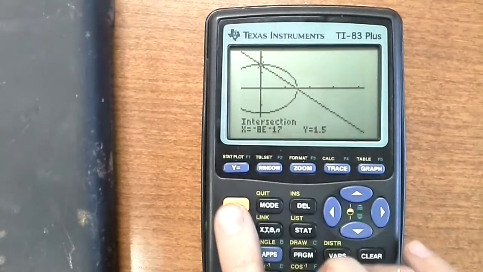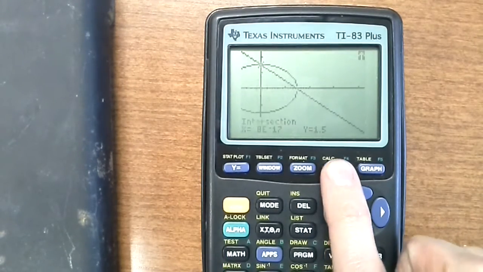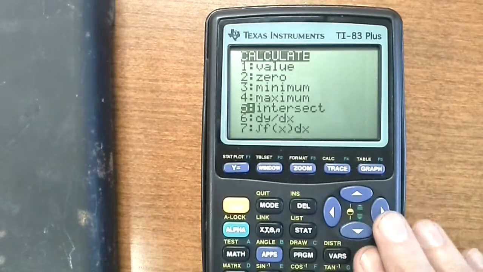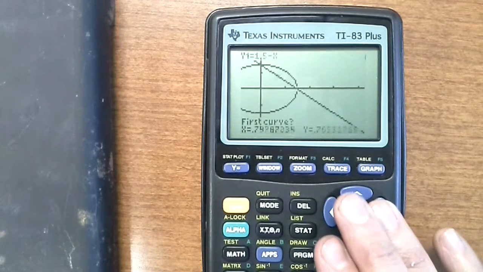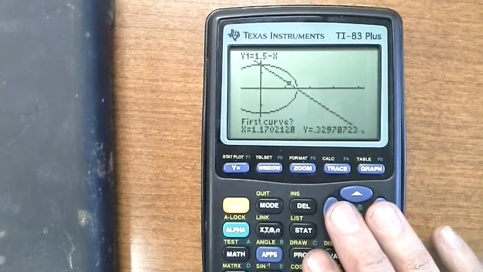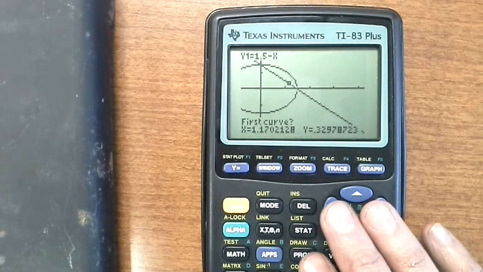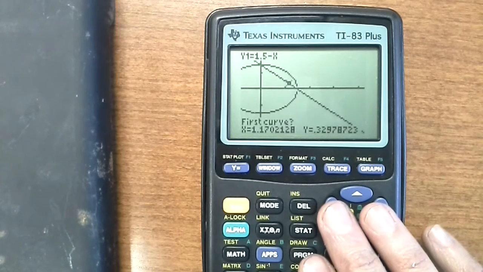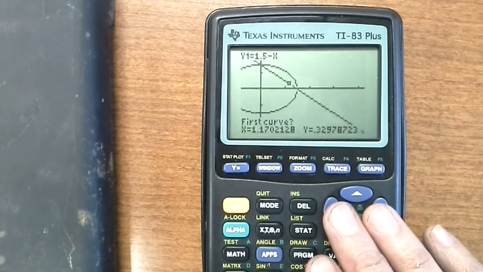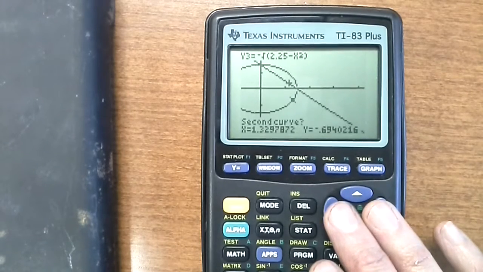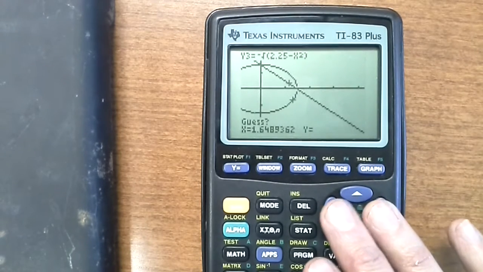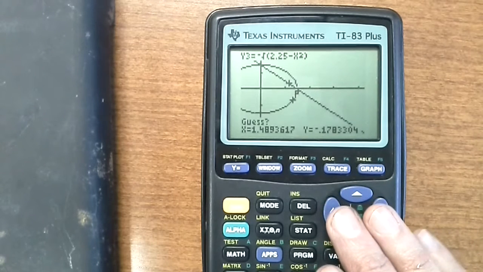And then my other one, we'll do second, trace, intersect. And boy, it's kind of tough to tell where that intersects, whether it's the top curve or the bottom curve. I'm going to guess it's the bottom curve, and if not, it'll just tell me that they don't intersect. So first curve, and then my second one, bottom curve, and it looks like they're somewhere around here.